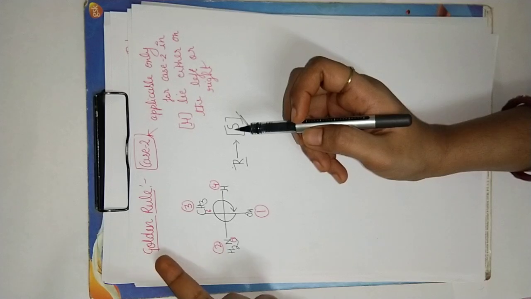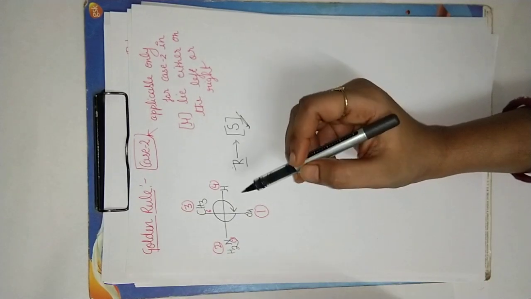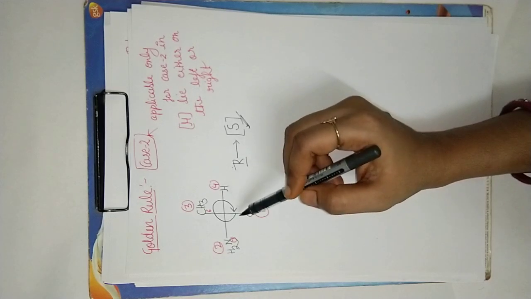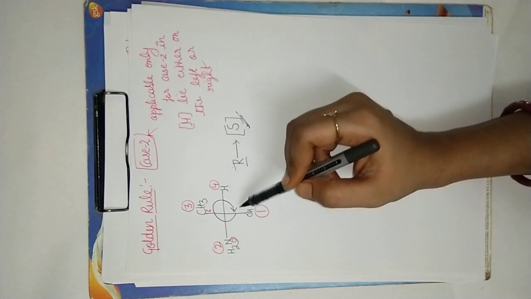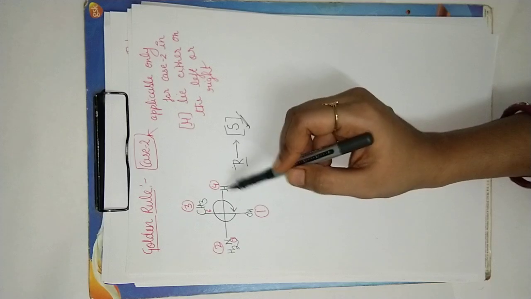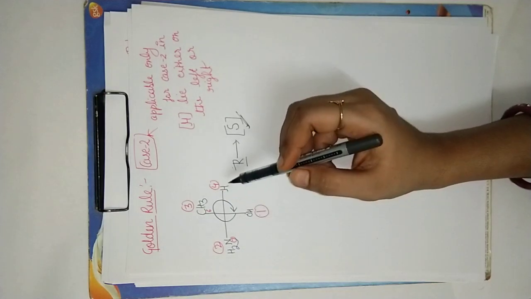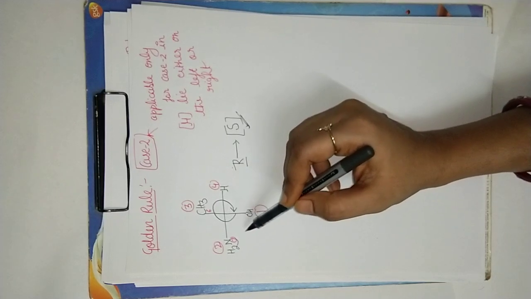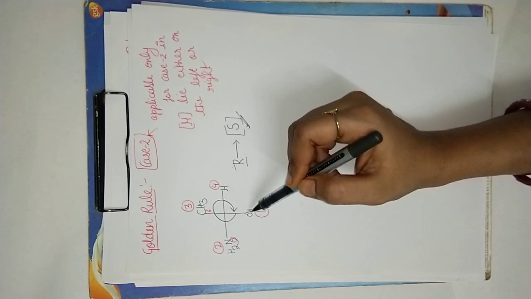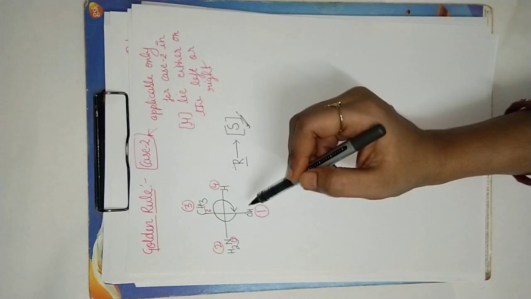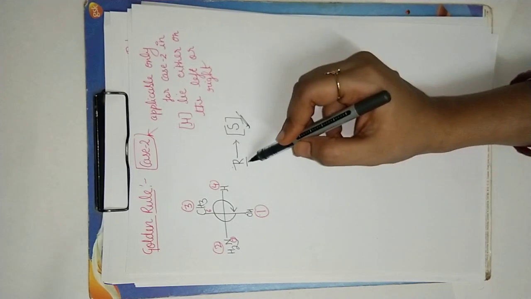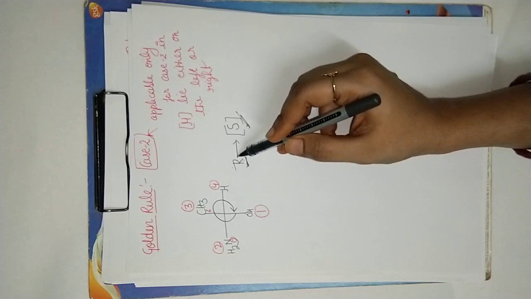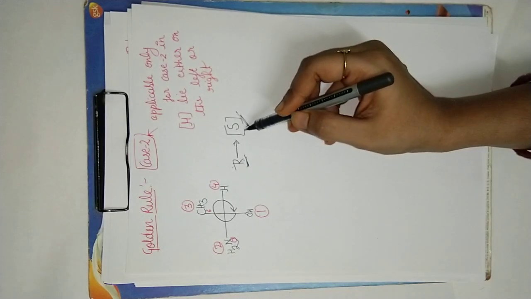You don't need to interchange the groups according to the golden rule. Don't be confused. Only give the priorities, first, second, third, fourth, according to the priority sequence rule, and move your eye either clockwise or anti-clockwise. Whatever configuration is coming, write it down, and it is converted into the other configuration.